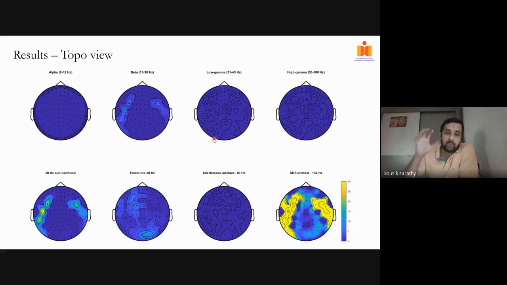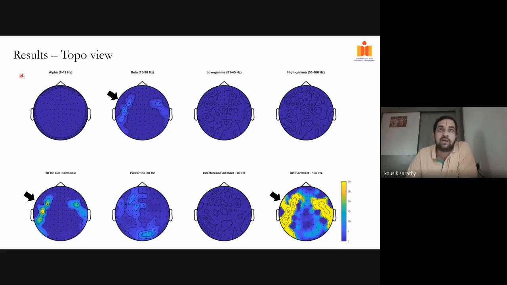Now, if we look at the topographical representation of how these artifacts look, you can see that the DBS artifact creates an interesting topographical pattern, and the 20 hertz subharmonic has a very similar pattern. That's interesting.